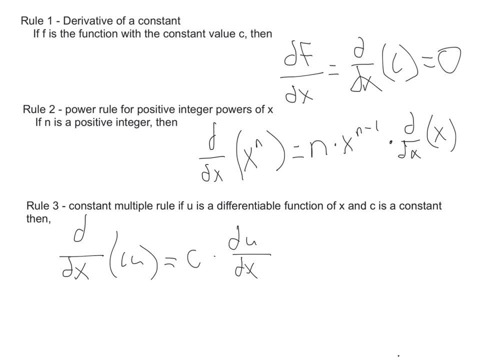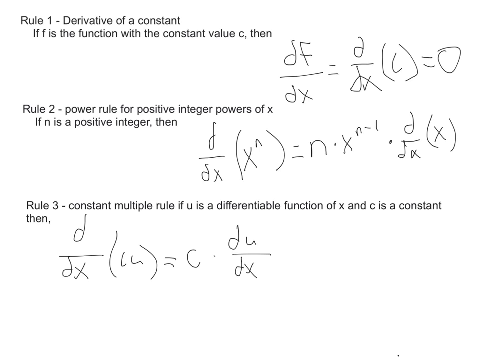The rule says I can take my constant multiple and put it out in front and then multiply that by the derivative of whatever the function is. So this is going to give me 4 times, power rule, you take the power times the base to the n minus 1 power times the derivative of your base.